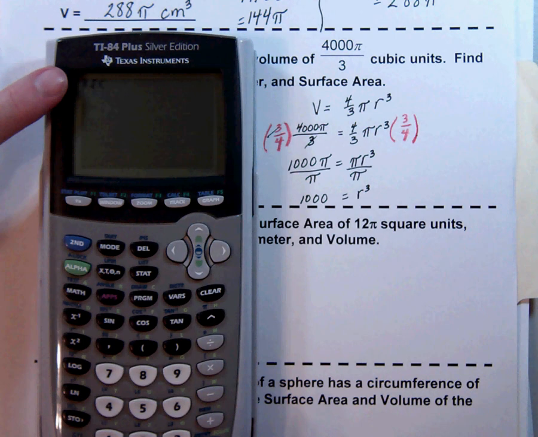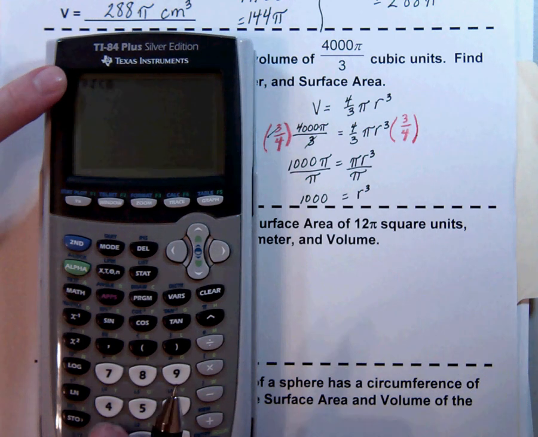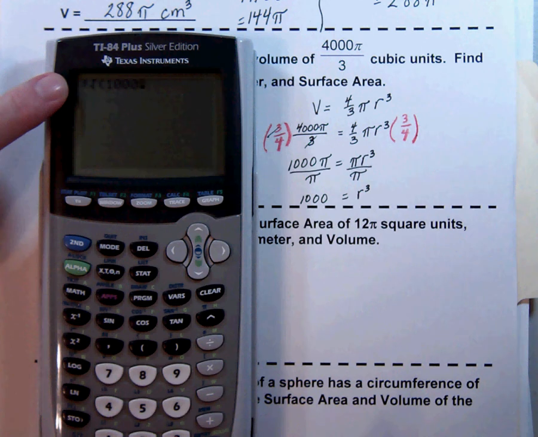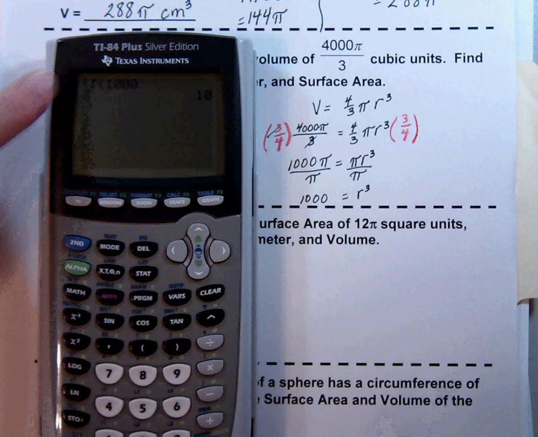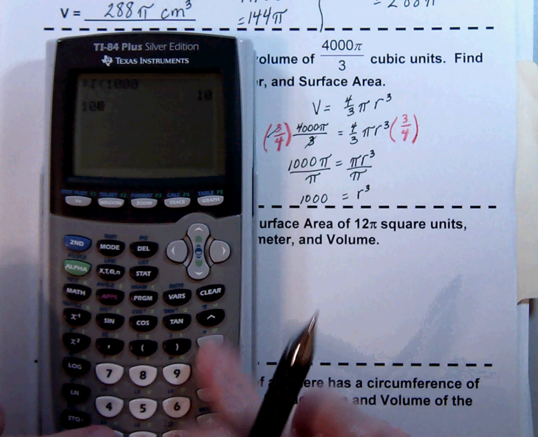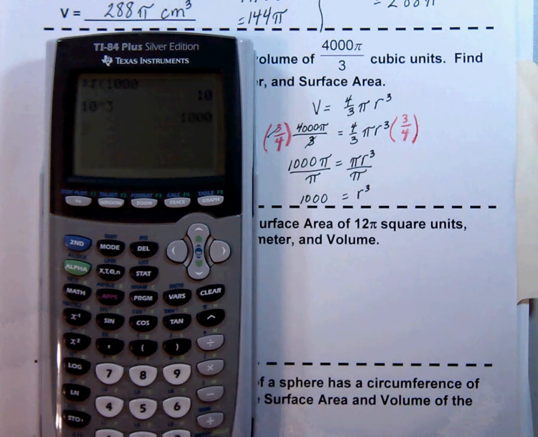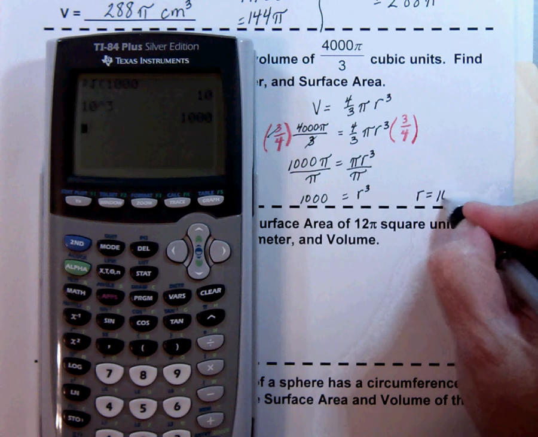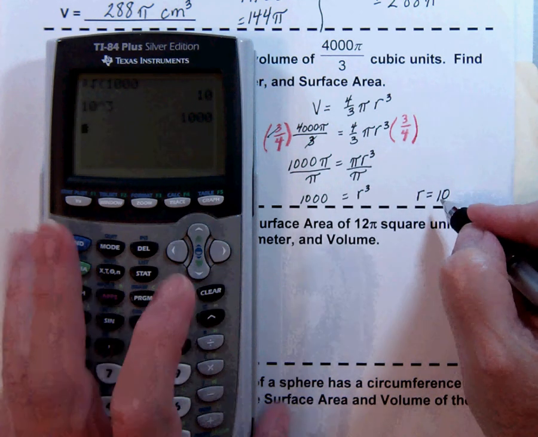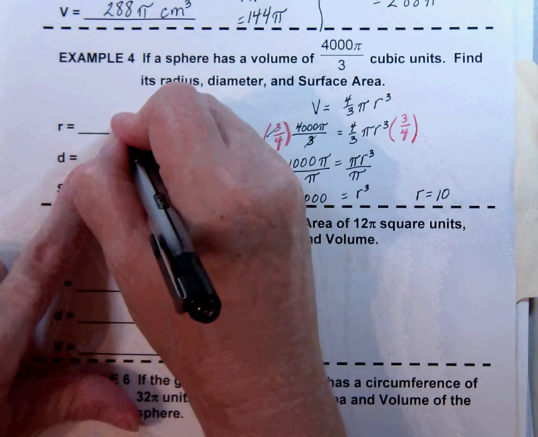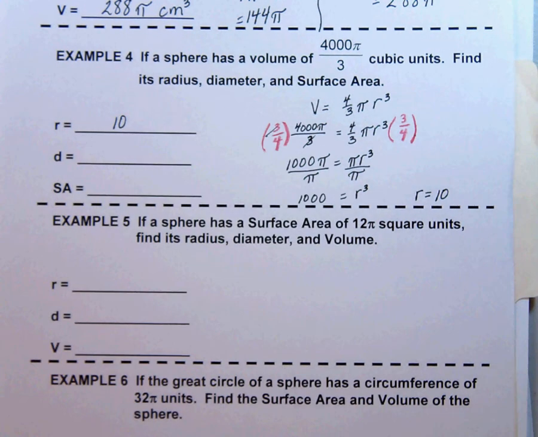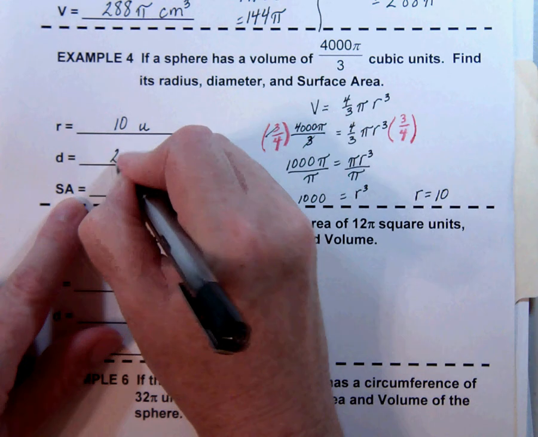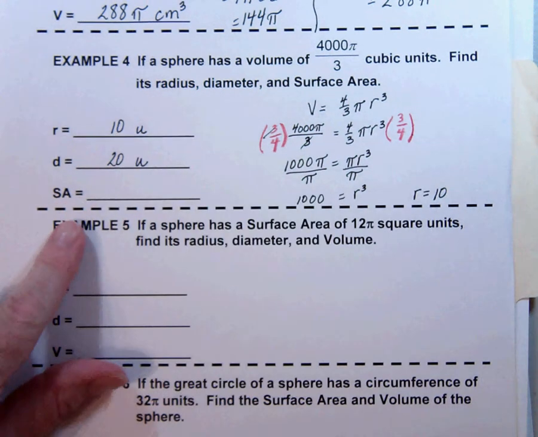It's kind of hard to see on this screen, but if you put in the cube root of 1,000, it's 10, because 10 cubed is 1,000. So the radius cubed means my radius has to be 10. If the radius is 10 units, the diameter is double that, so it's 20 units.